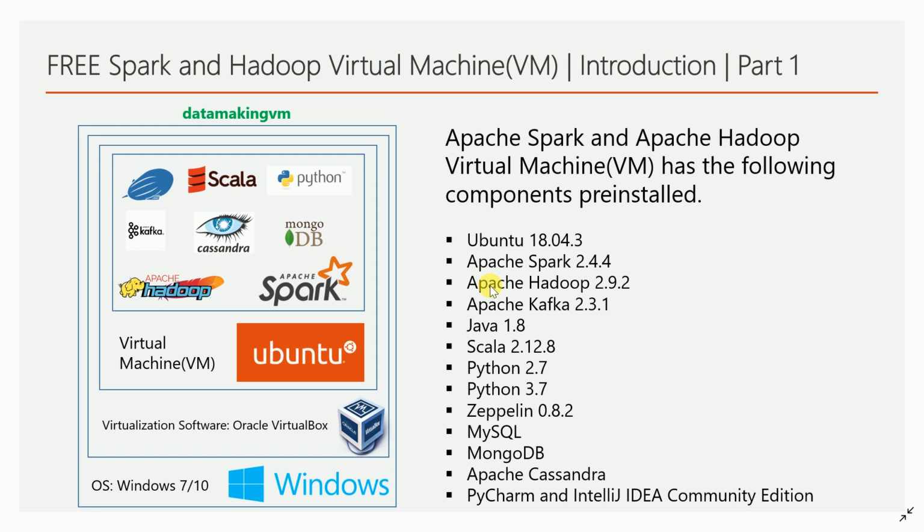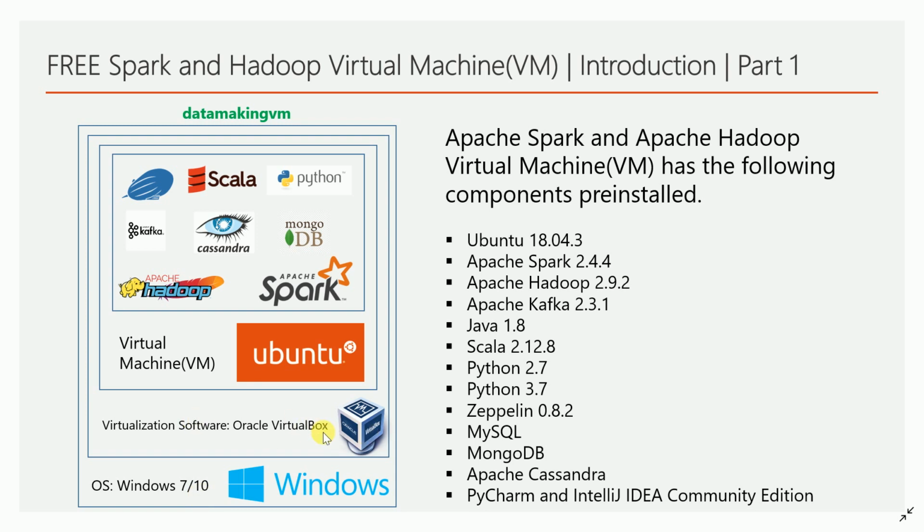This VM is based on the virtualization software called Oracle VirtualBox. So you need to have a Windows machine, either Windows 10 or Windows 7. On top of Windows 10 or 7, you can install the Oracle VirtualBox.